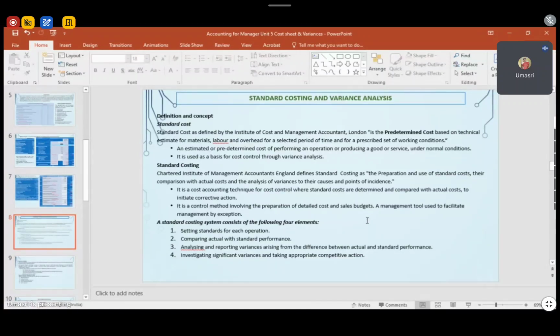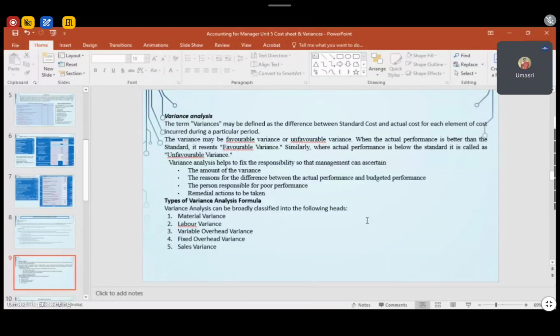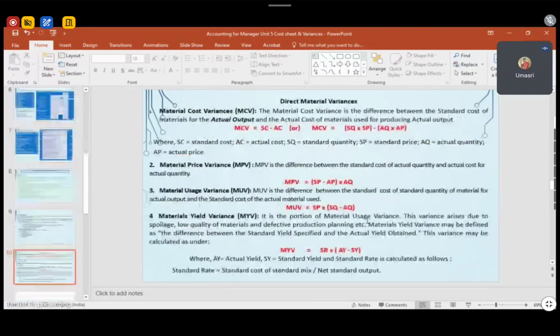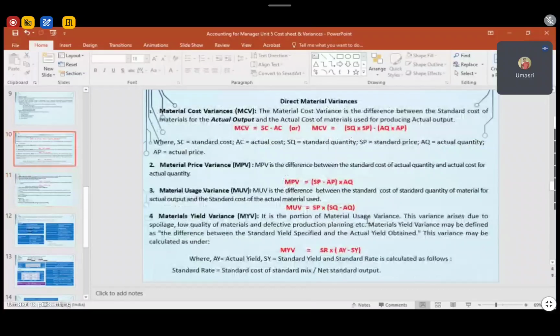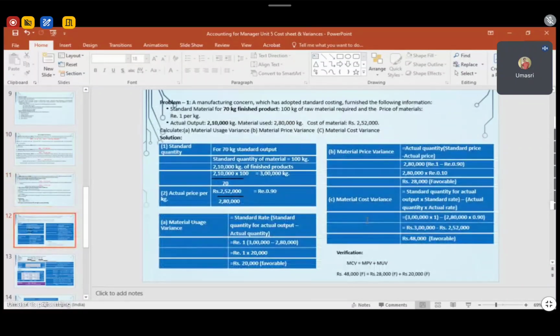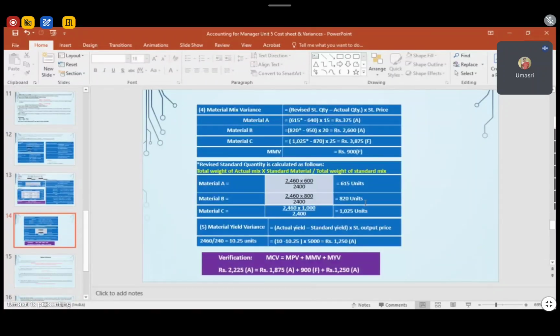But according to your syllabus, we have taken only material and labor. Okay. So I have given the formulas here. You go through these formulas. Tomorrow we will do some problems in material variances and labor variances.